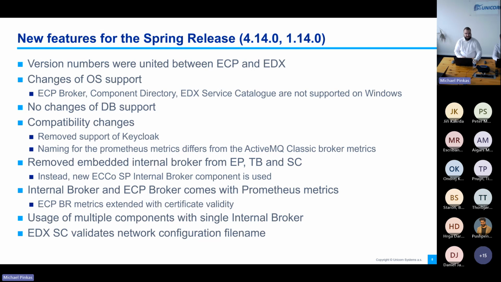Another change on the EDX service catalog is that it now validates the network configuration file name. Basically, what it means is that the component code of the service catalog will be added to the file name of the network configuration, and it will be validated whether the code is present and correct, that is, the same as configured in the EDX service catalog configuration.